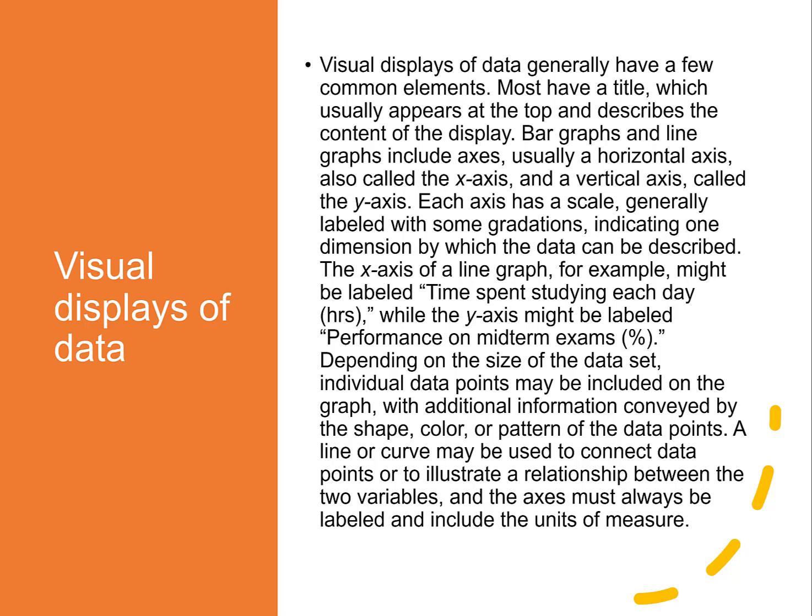So visual displays of data generally have a few common elements: the x-axis we use for the independent variable, and the dependent variable we use the y-axis. We always label them clearly and use units that are equidistant and progressive.